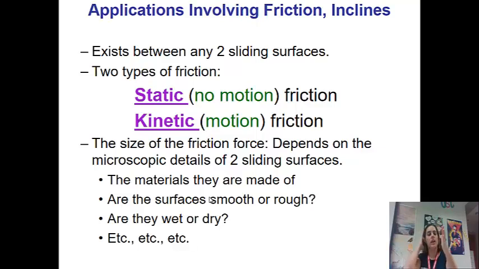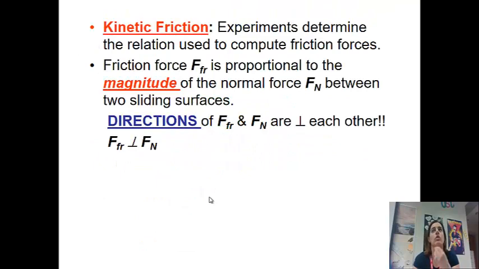Then if you pull at that force, you'll get the object moving and the frictional force will drop, because kinetic friction is going to be less than the maximum static friction.